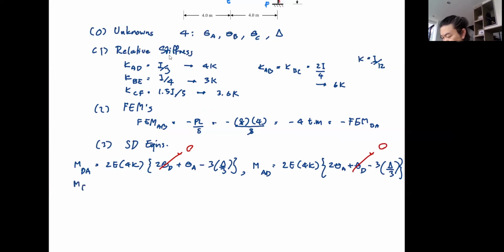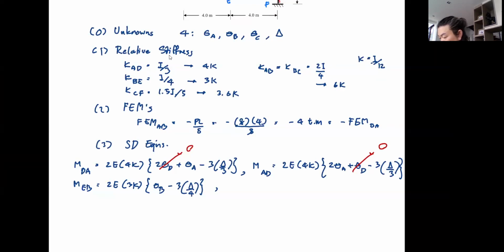EB now. EB now is the moment in the second column, okay? And the relative stiffness is 3K. So it's 2E, 3K. Now I'm not going to write 2 theta E anymore because now we know it's 0. So it's just theta B minus 3 psi. This term is delta over 4.